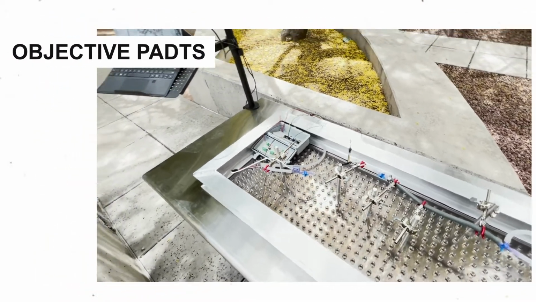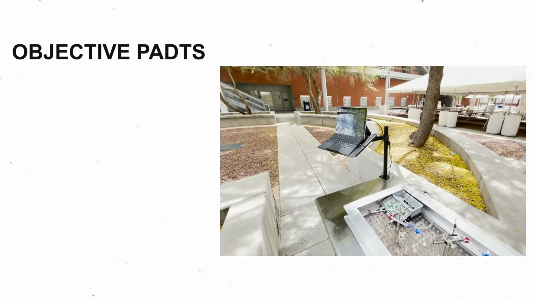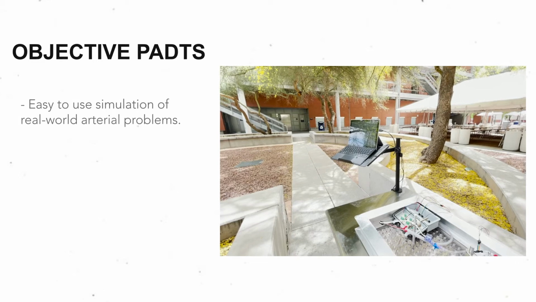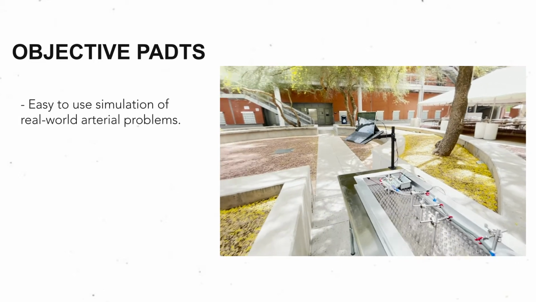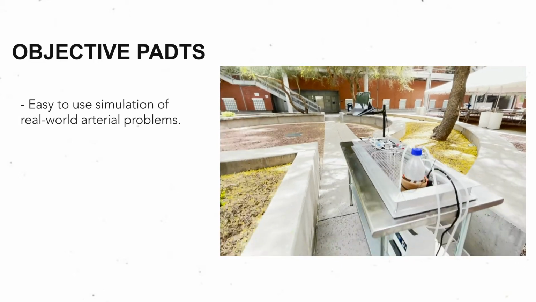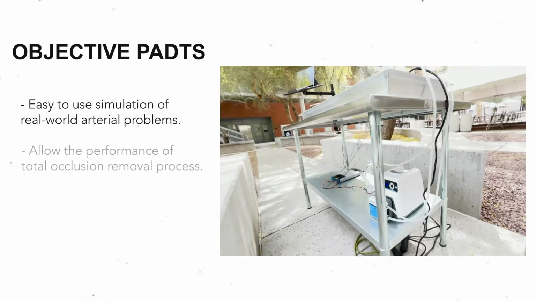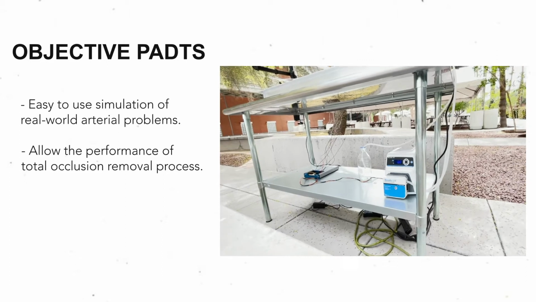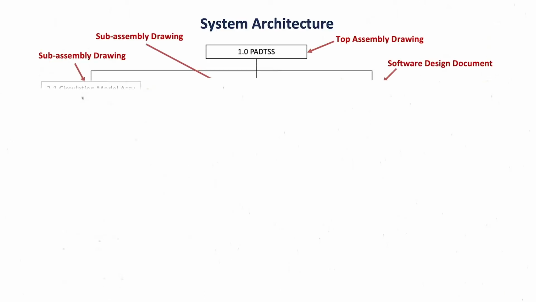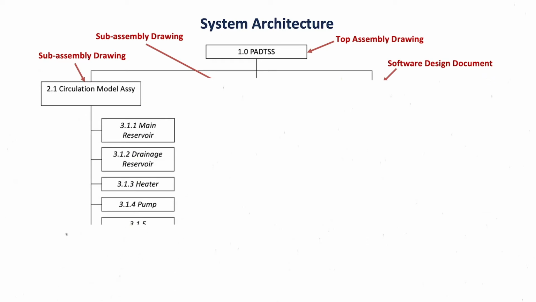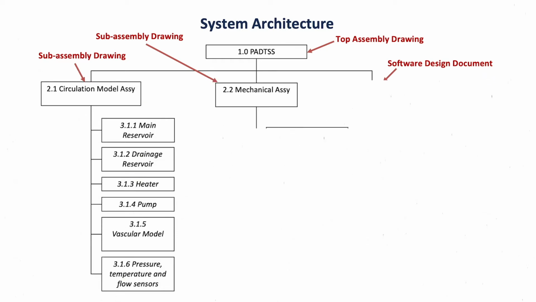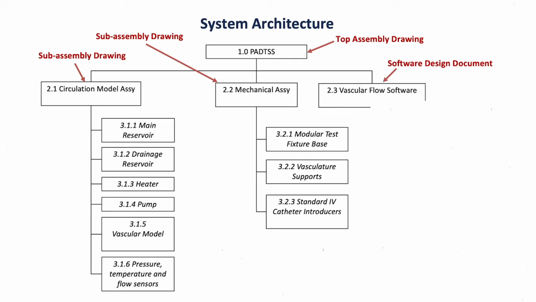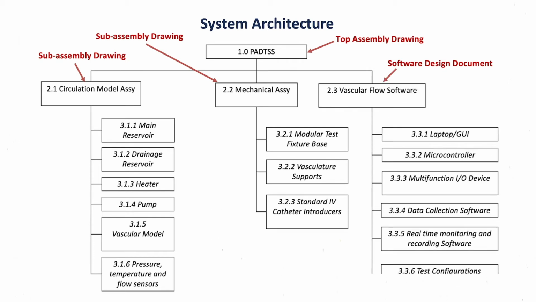The objective of the PADTS system is to provide an easy-to-use simulation of real-world arterial problems, including total occlusions, as well as to allow the performance of total occlusion removal process by the insertion of a catheter. The PADTS system is composed of a top-level system and three subsystems, including a circulation model assembly, a mechanical assembly, and a vascular flow software.